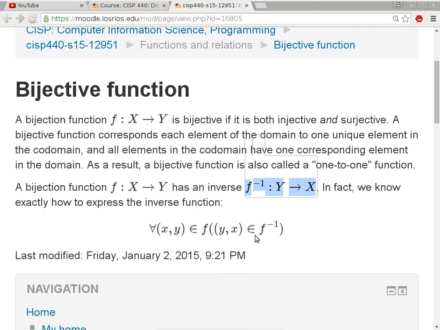And to express the inverse function, all you have to do is to say, for all possible x and y that are in f as a set, the two-tuple (y, x) has to be an element in the inverse function, because it's just reverse mapping it.